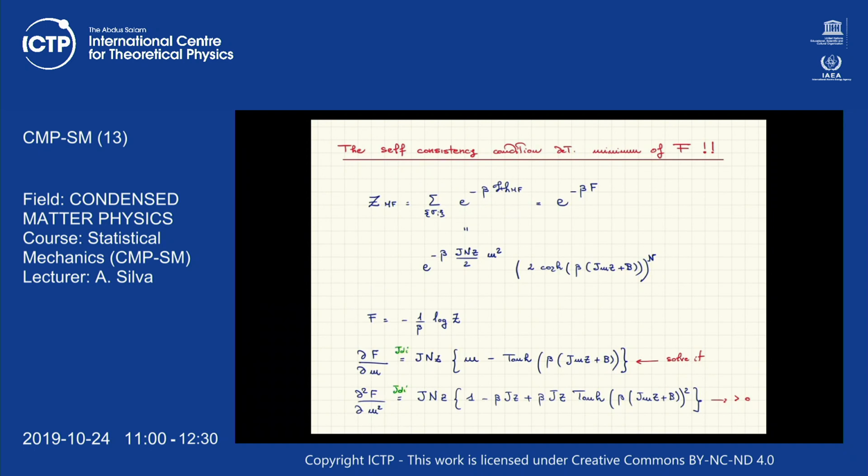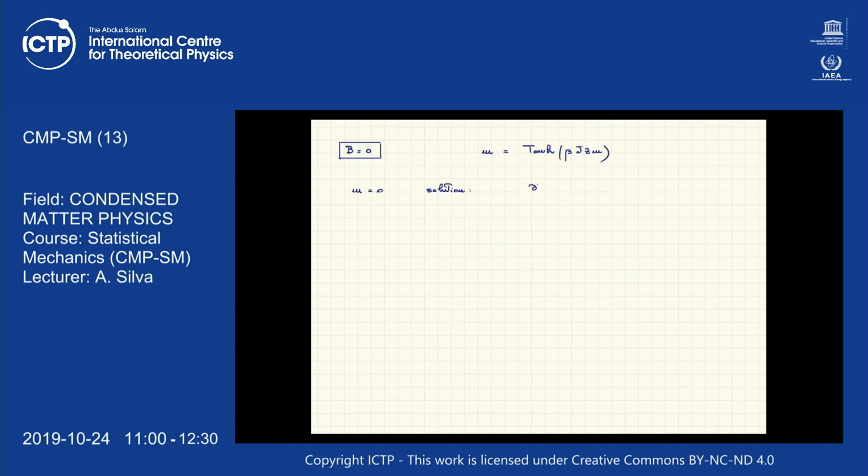However, if I take this equation here, and I set B equal to 0, m equal to 0, this stuff comes out to be 0, and here I get 1 minus beta J z, right? So, therefore, the second derivative at B equals 0 is equal to J times N times z times 1 minus beta J z.